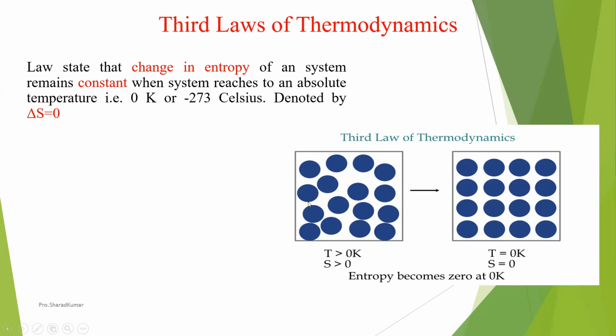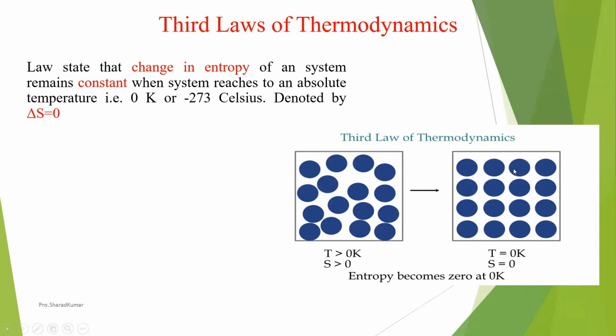You can see the two diagrams, left side and right side. In the left side system, the entropy is positive, it is not equal to 0. That is, the temperature of the system is more than 0 Kelvin, so we can see some randomness of the items in the system.